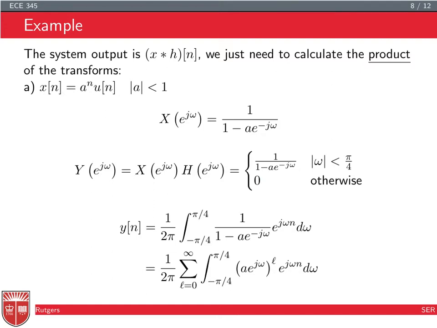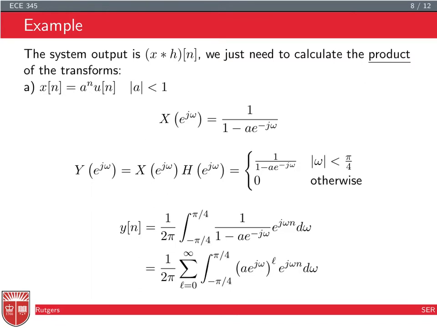So this is what's going on in the interval negative π to plus π, and it's going to be repeated again and again. Now what I need to do here is to invert this formula to find y of n, so I can just apply the formula.